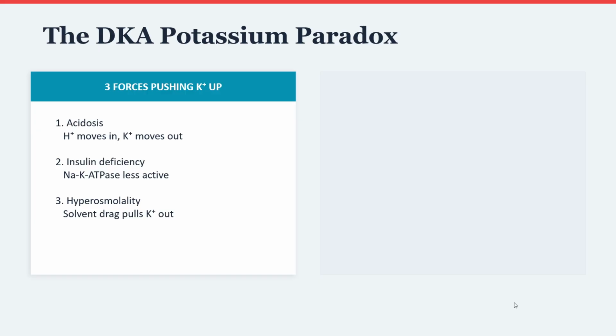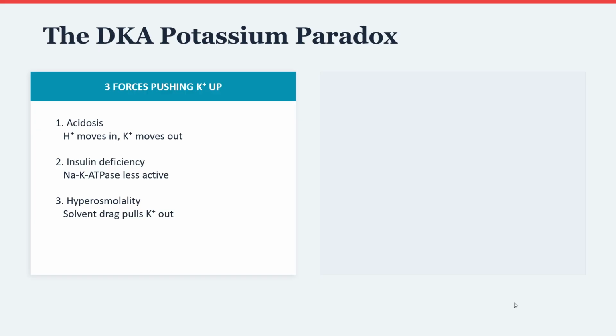Second, insulin deficiency. The sodium potassium ATPase needs insulin to function optimally. Without insulin, potassium doesn't get pumped into cells as efficiently, so it stays extracellular. Third, hyperosmolality.